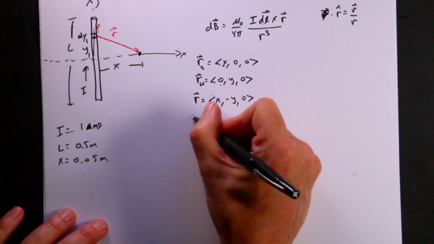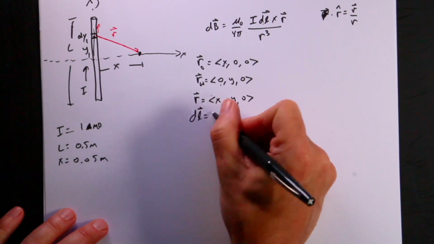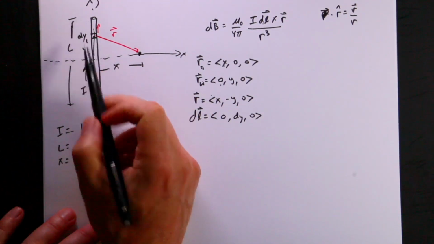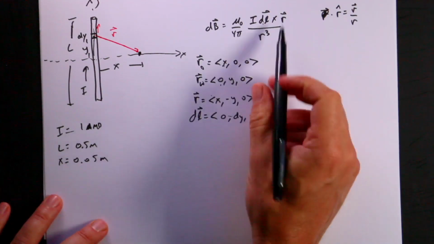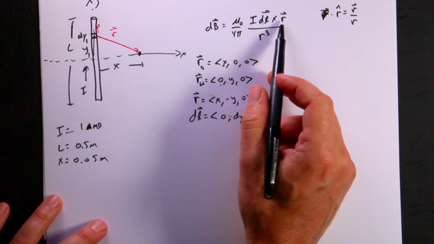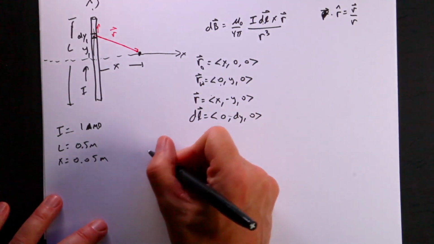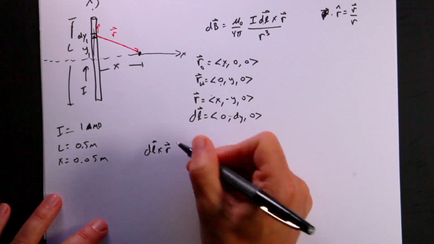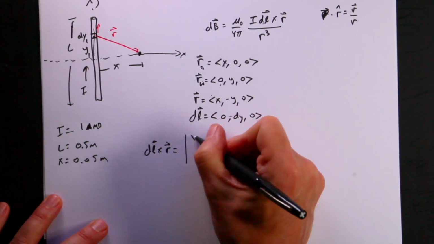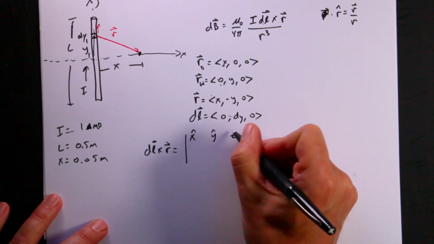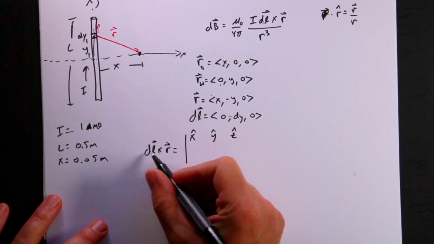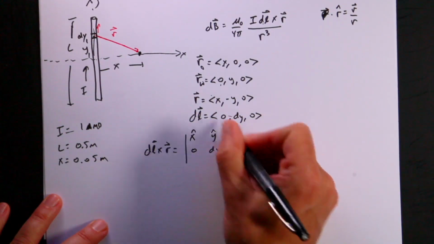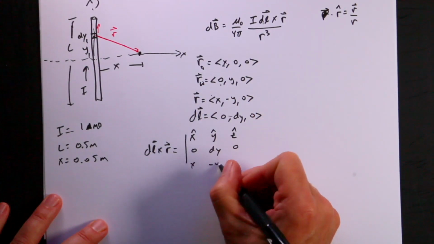Okay, now what about dl? dl is going to be the vector 0, dy, 0, right? It's a vector in the y direction, so that's that. Now I can go ahead and do this dl cross r. I'm going to use the determinant version of the cross product. So I'm going to say x hat, y hat, z hat. Now I'm going to put the components of dl, which is 0, dy, 0, and then r is going to be x, negative y, 0.